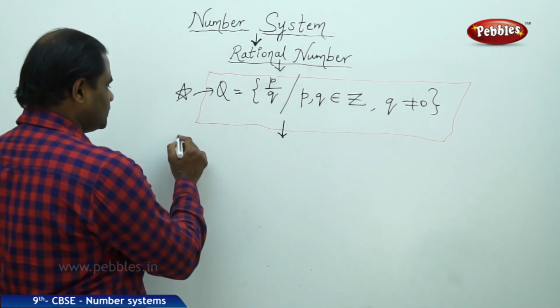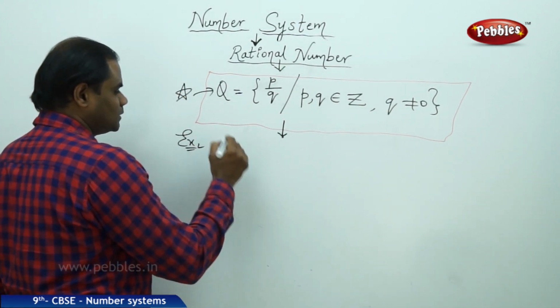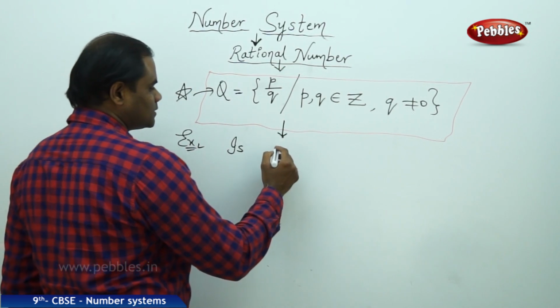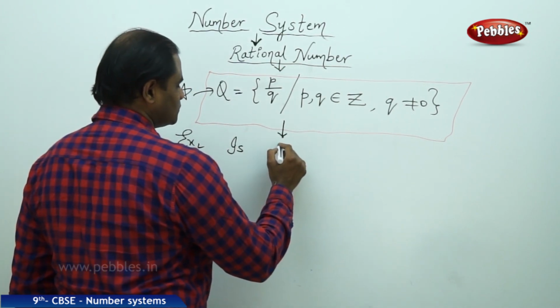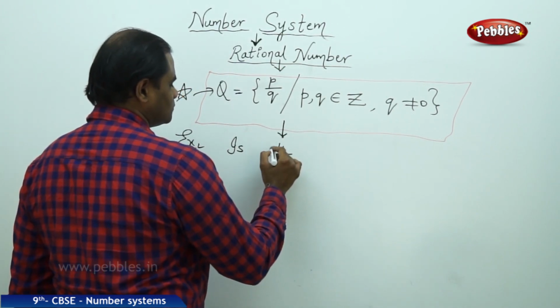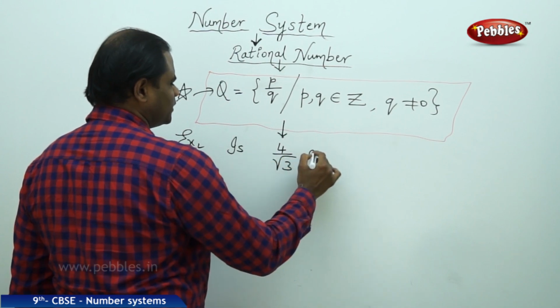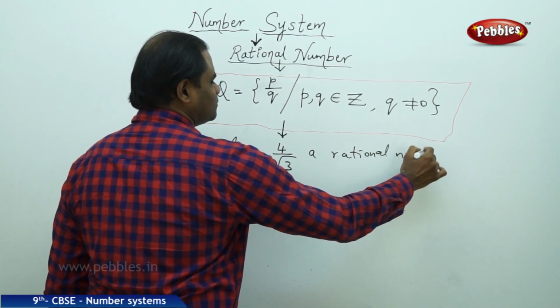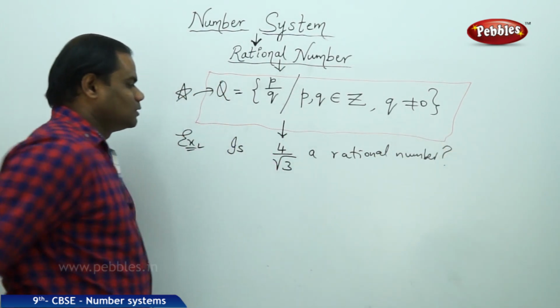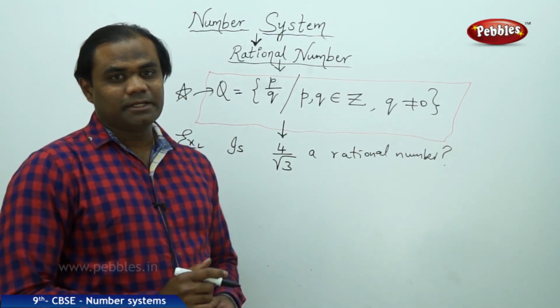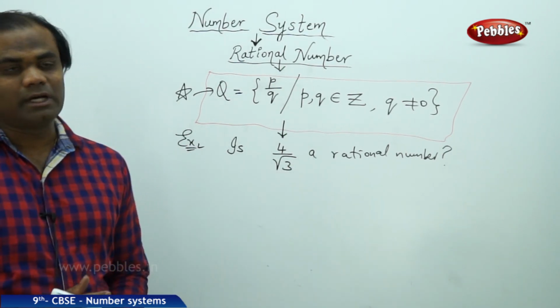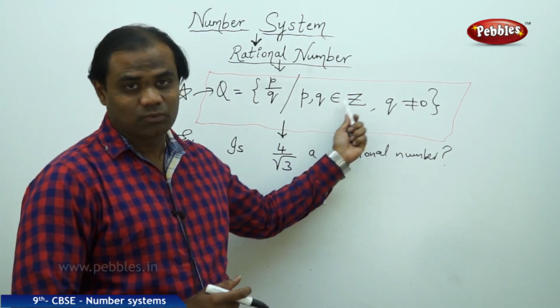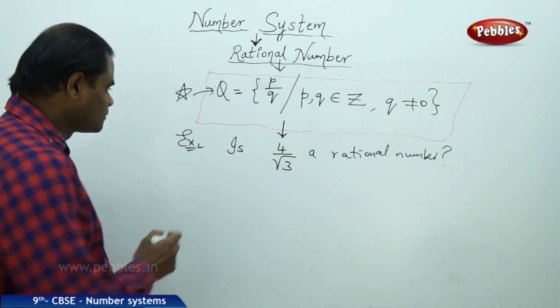Say, for example, the question is: is 4 by root 3 a rational number? In order to identify this as a rational number, I have to pass the two tests, test 1 and test 2.